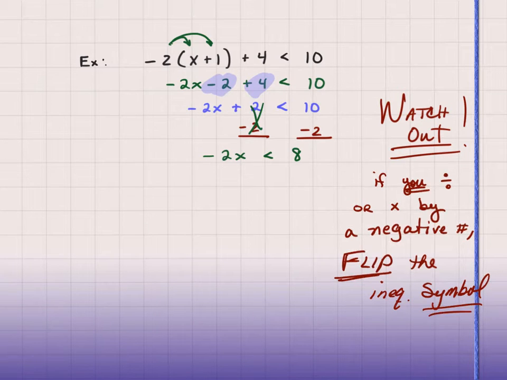Okay, and that's very important because it will not be a true statement. You'll get an answer and you'll think your answer is just fine, but your answer will not be correct. And I can demonstrate why that is in just a moment.